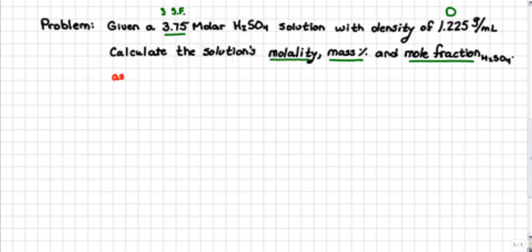The assumption is that the volume of the solution is exactly equal to 1.000 and so on liters. The reason we can make this assumption is that the concentration is independent of the volume that we are considering.